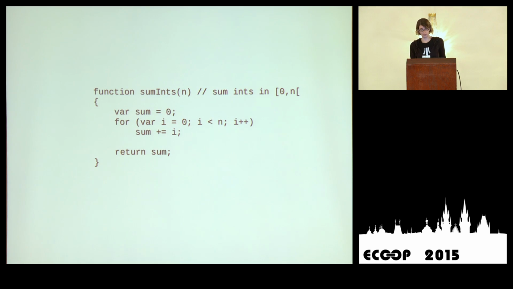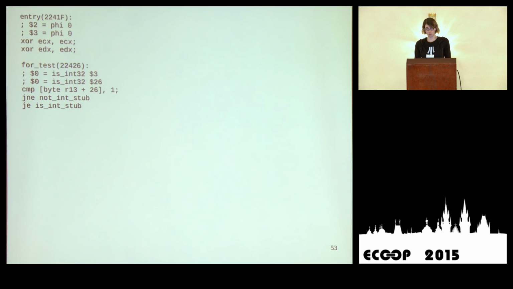So in terms of an example, suppose we have a function that computes the sum of some integers in the range from 0 to n exclusively. The code generation will actually begin when we call this function first. Suppose we're calling it with some integer, 600. We're going to initialize our variables to 0. And then we're going to generate the type test to check: is n an integer?